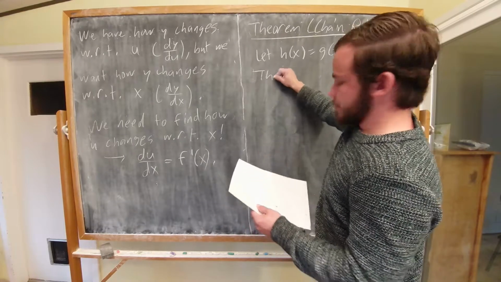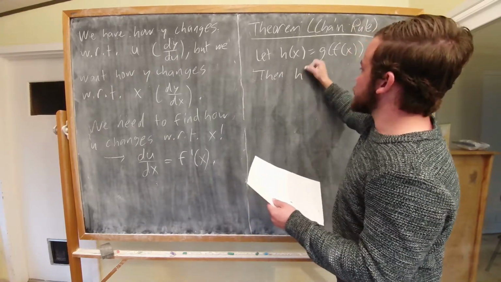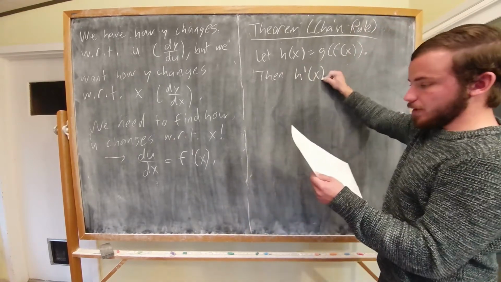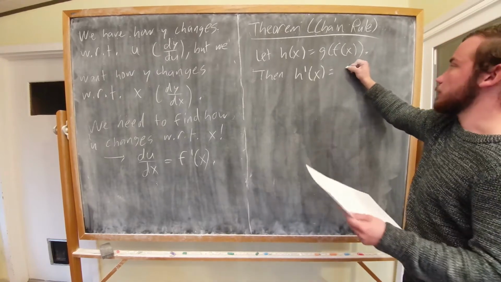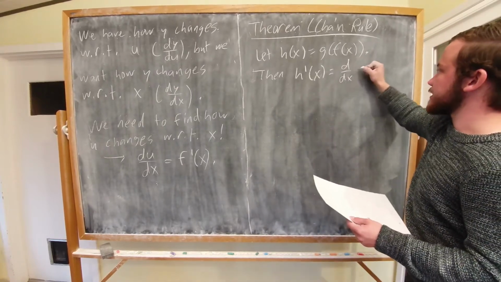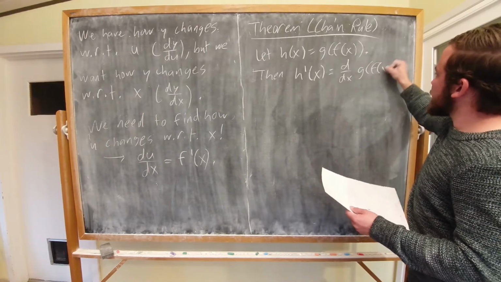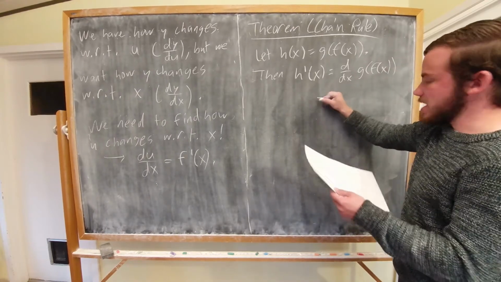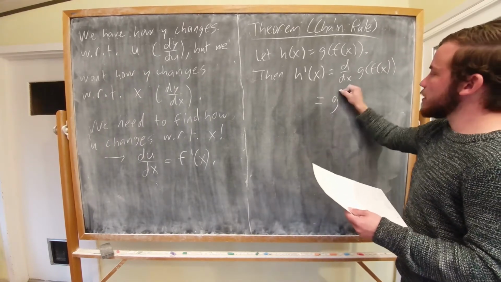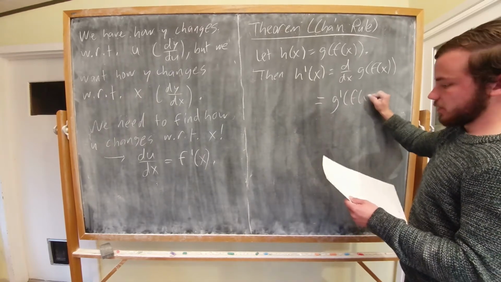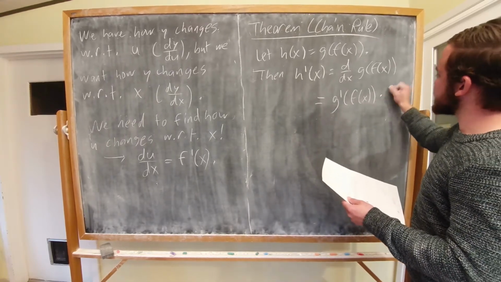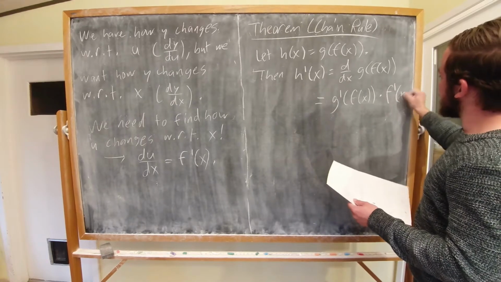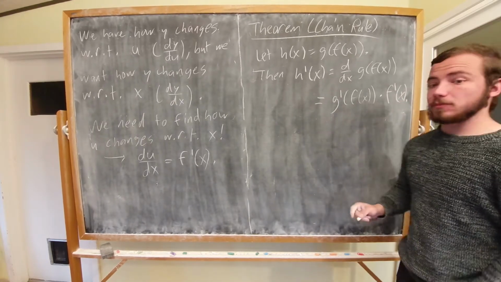Then h prime of x is going to equal, well, it's the derivative with respect to x of g of f of x, and it will be g prime of f of x times f prime of x.